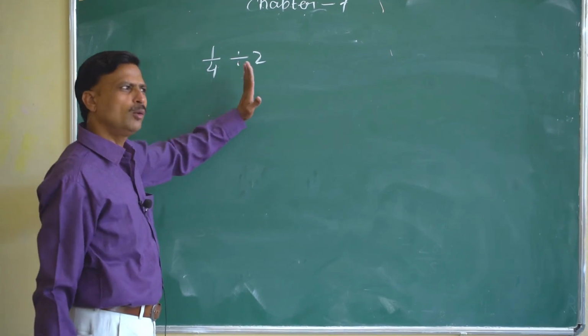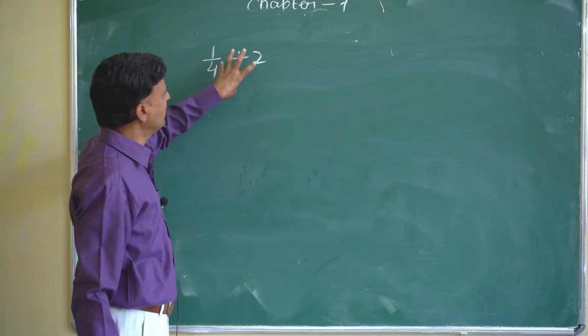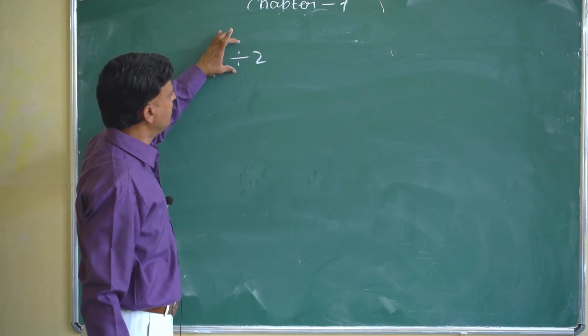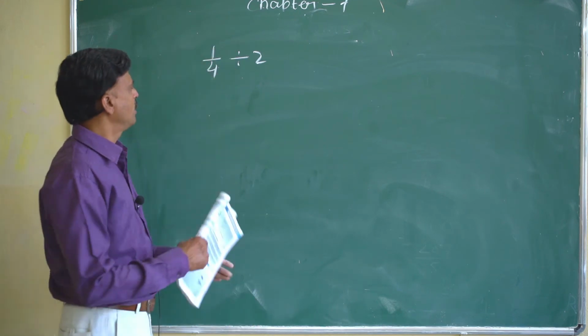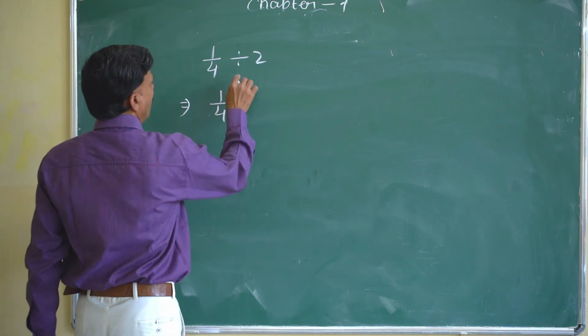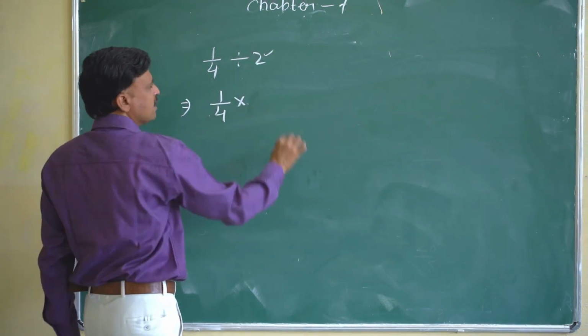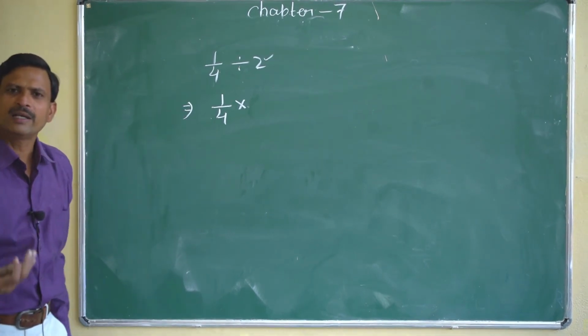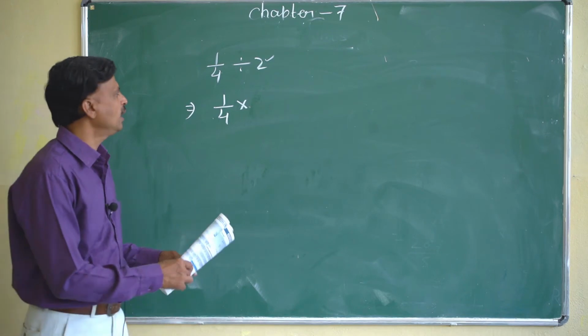Since it cannot be divided but we want to divide it, the process is that we convert this division into multiplication. When we convert this division into multiplication, the divisor, that is 2, gets its reciprocal.